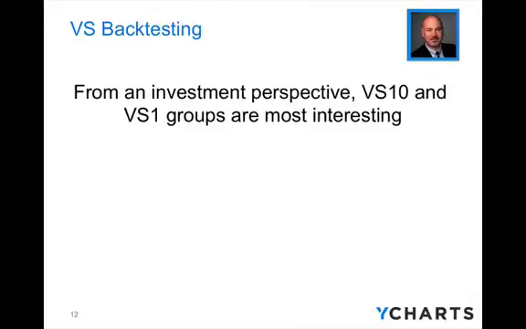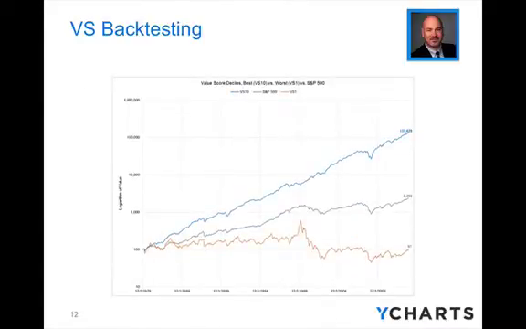As a comparison, I have used the S&P 500. Here we can see the charts for 3 groups. The blue line is the value score 10, the orange line is the value score 1, and the gray line is the S&P 500.